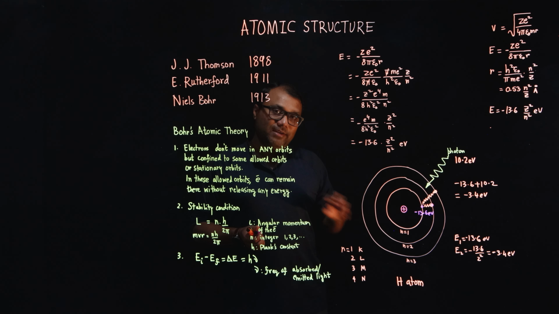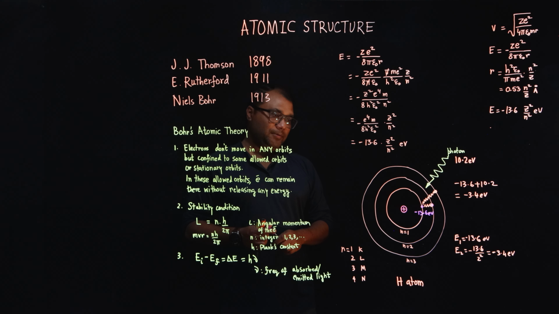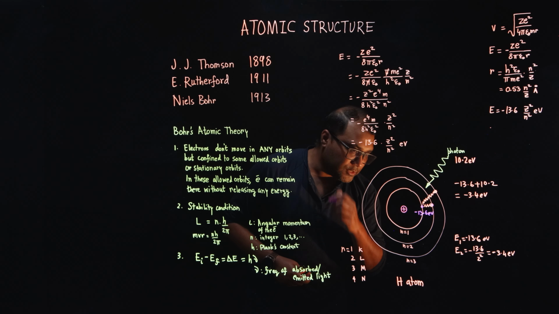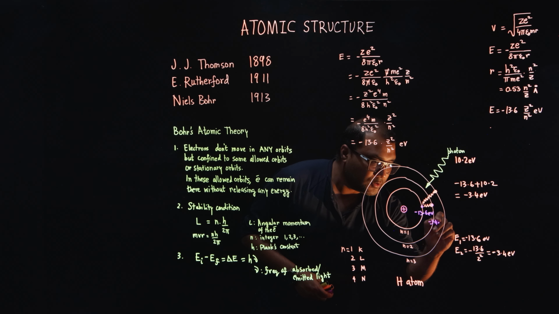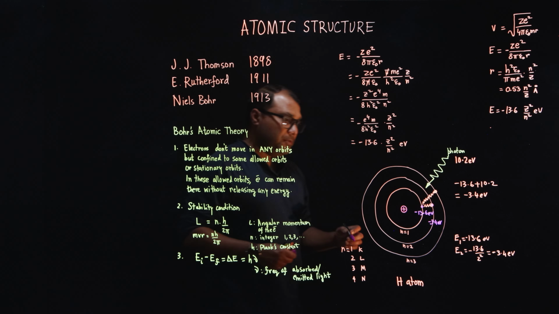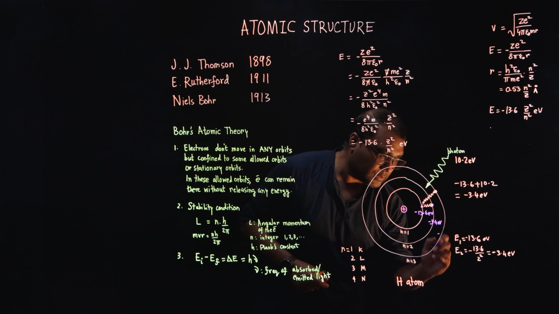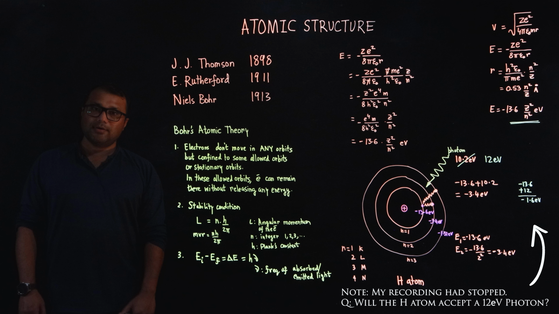So a photon, which is light, will be released, and you will see in the emission spectra that same wavelength. So this ground state corresponds to minus 13.6. The next state is minus 3.4 electron volt. Next one will be minus 13.6 divided by 3 square, which is 13.6 divided by 9, 1.51 electron volt and such.